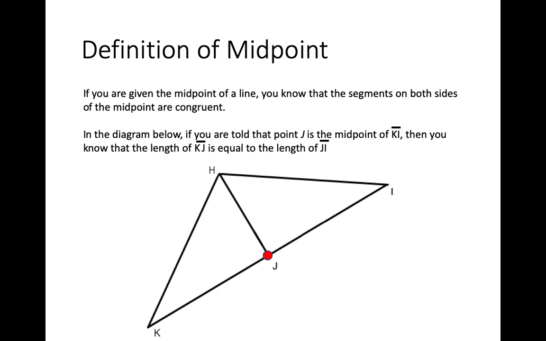In this particular example, you do not necessarily know that the angles KJH or IJH are right angles, even though they appear to be. All you know is that J is the midpoint of this line, and therefore those two line segments are congruent.